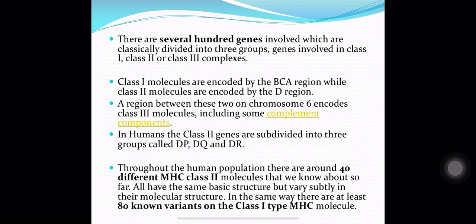When you combine MHC1 and MHC2 in different combinations, there will be lots of varieties of MHC1 and MHC2 combinations present, and every person has a unique MHC combination profile. So an individual can give a transplant to another individual of the same MHC type, because if the MHC type is different in the host, then there will be rejection of the tissue.